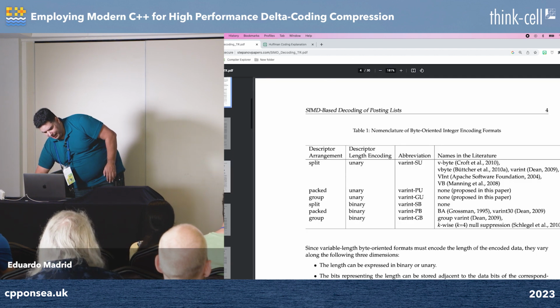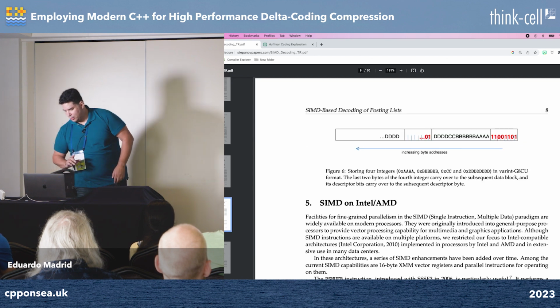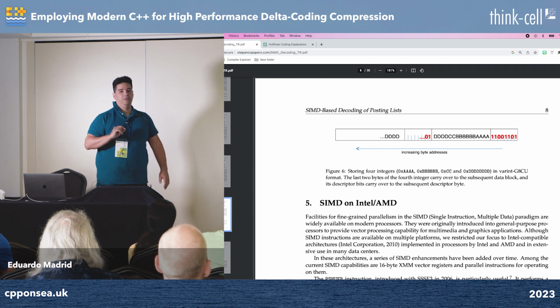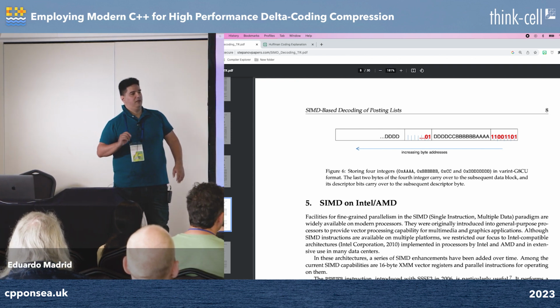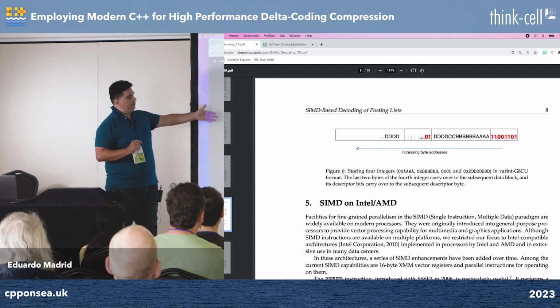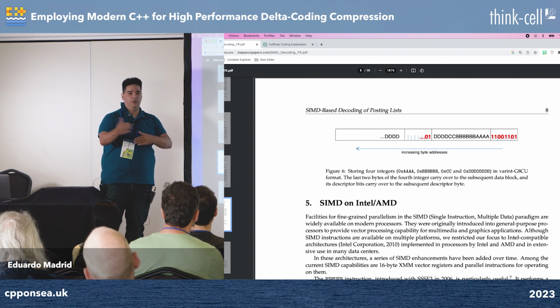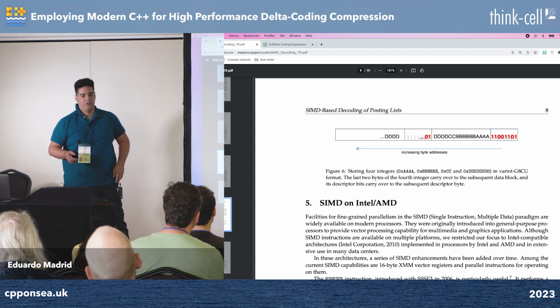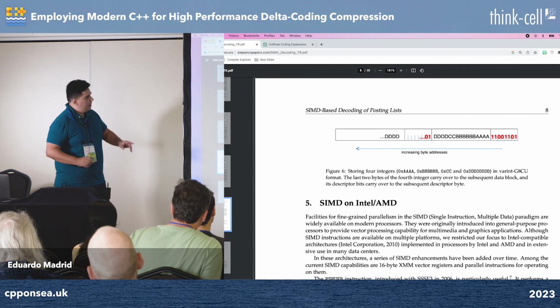So I thought that this paper is so good that I didn't have to spend too much time describing delta coding for you, the actual details of delta coding, because you can go to this fountain and drink from it, and it's probably going to be better because you can do it offline and at your own leisure. I just needed to introduce the principles, and I hope they were useful.